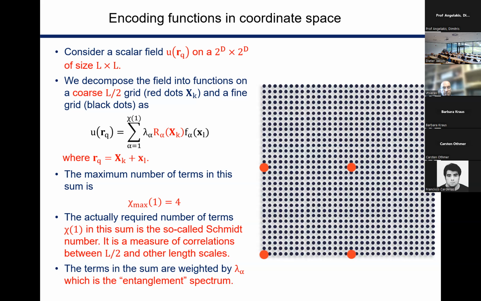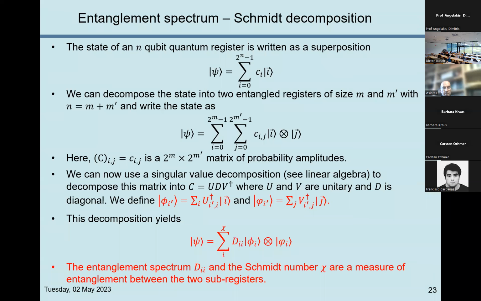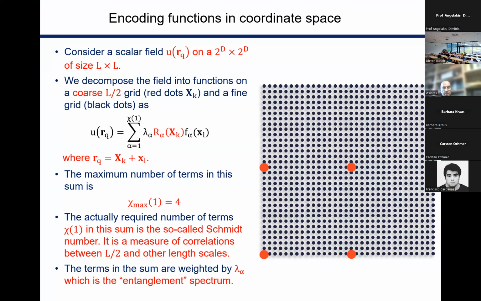That means I can have 4 such functions, and then of course 4 such functions F alpha. And now that means that in this first step, the maximum number of terms that I can have in what was in this previous slide here, this chi, can be equal to 4. Okay, and now I have one function R alpha that describes my function that I want to realize on a very coarse grid.